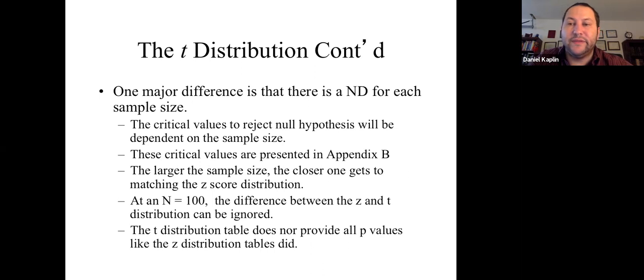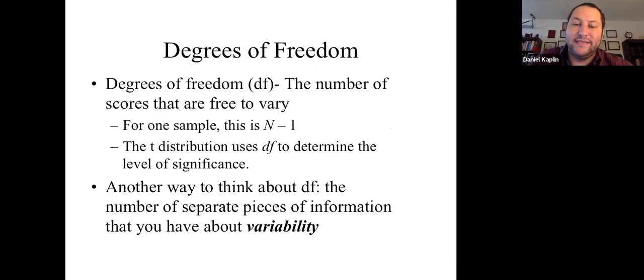reject the null hypothesis. Now, as I said, degrees of freedom are the number of scores that are free to vary from a constant. So the way I think about it is, let's say we had that sample of 25 and I was a member of that group. How many people in the sample are not me? How many people are able to vary from me?